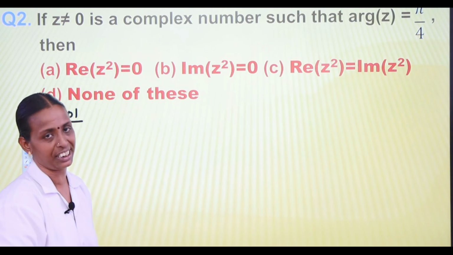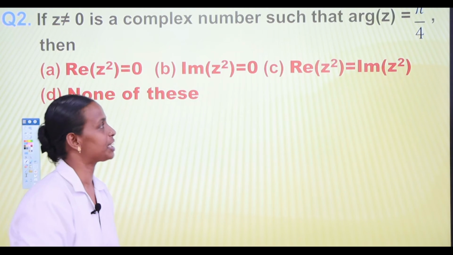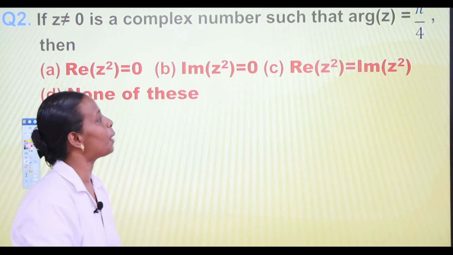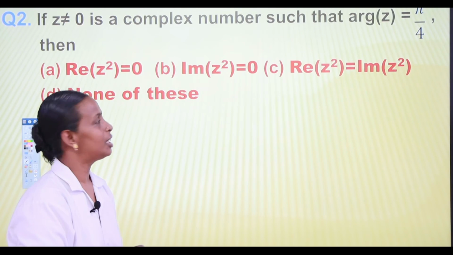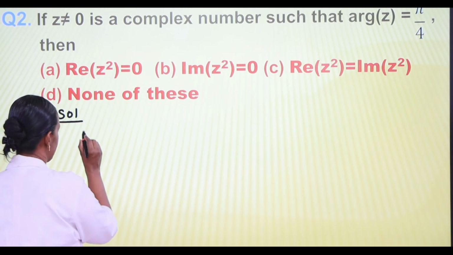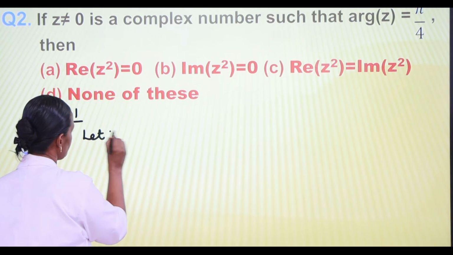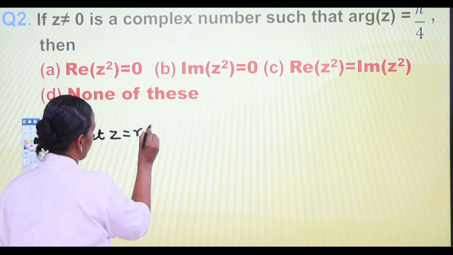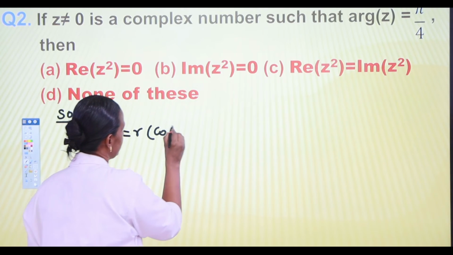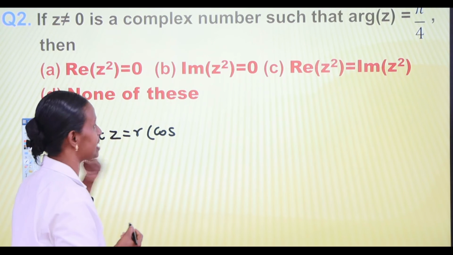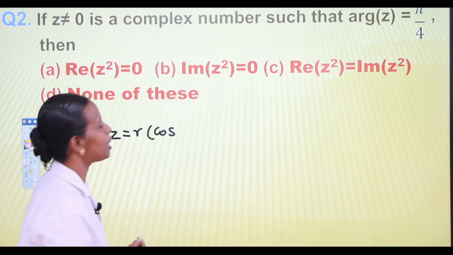Which one is suitable for the given value? That is argument of Z equal to pi by 4. We can write the complex number Z in polar form. So, let Z equal to R into cos theta plus i sin theta. Theta is nothing but argument of this Z. Argument of Z is given as pi by 4.